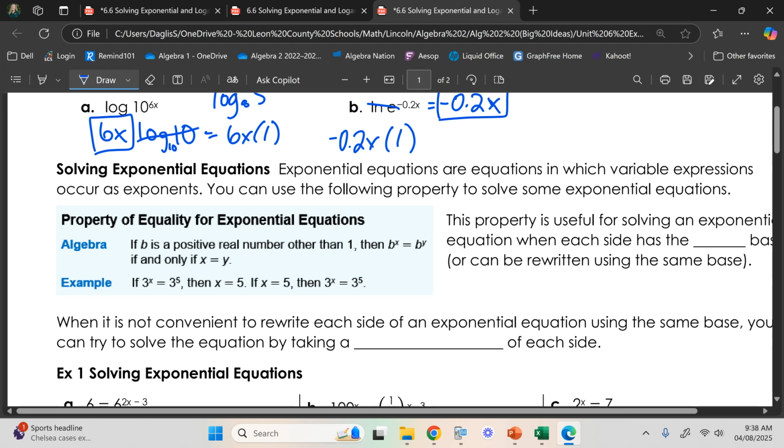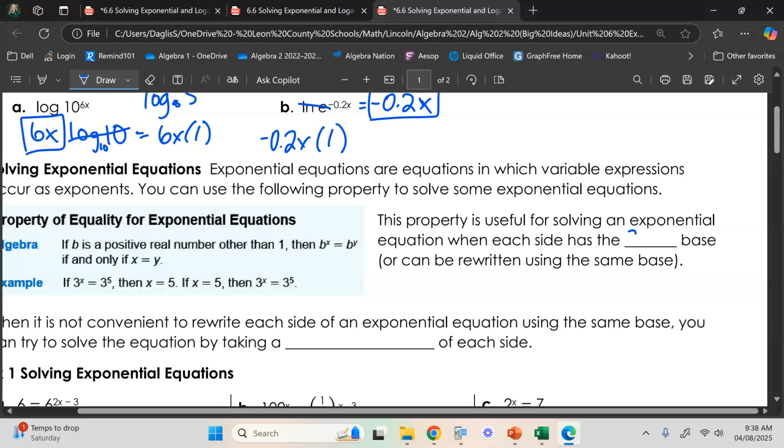You can use the following property to solve some exponential equations. If I have a base to an exponent equal to the same base raised to a different exponent, I can make my exponents equal to each other, as long as each side has the same base. Or we can rewrite it as such.